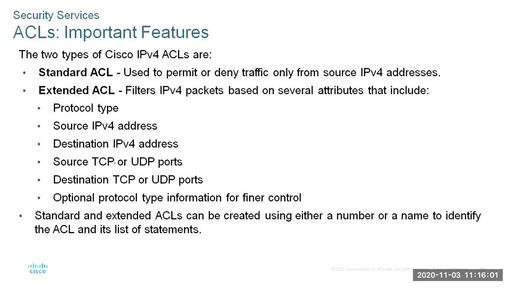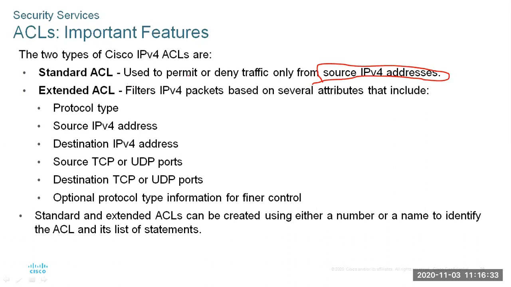Generally speaking, when we are discussing the concept of access lists, we have to talk about the standard access list as a type, and the extended access list as a type as well. A standard access list is used to deny or permit traffic from a source, which is IP version 4.